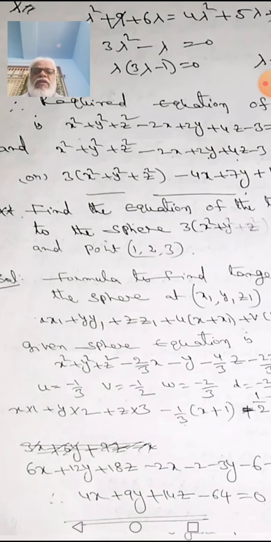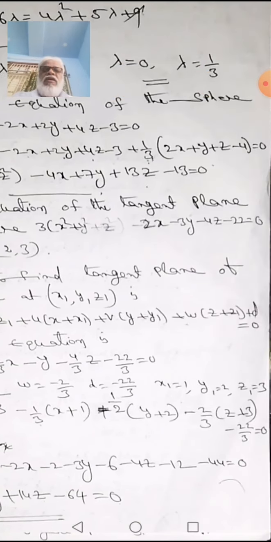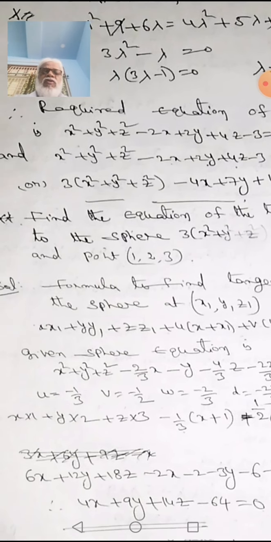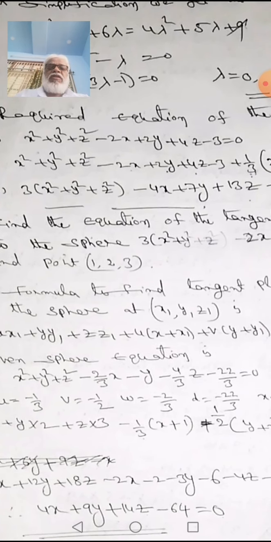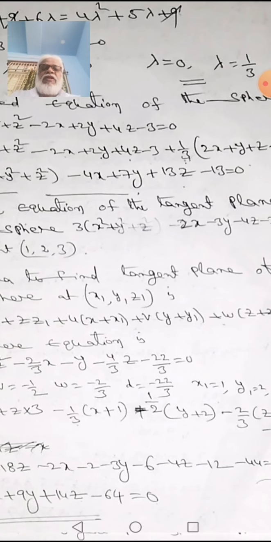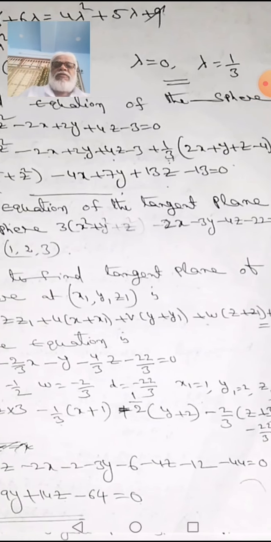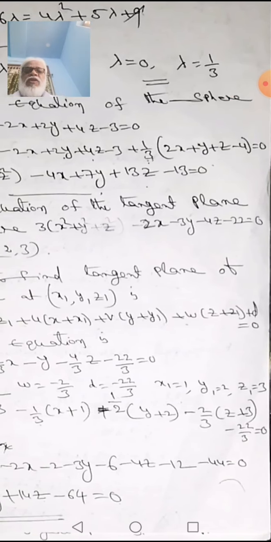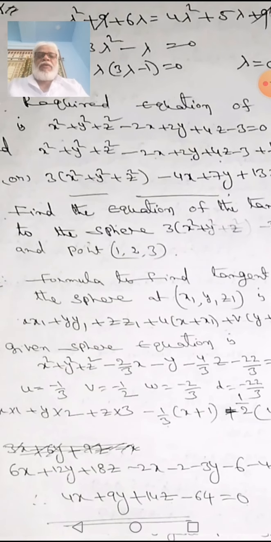So find the equation of the tangent plane to the sphere, that is 3 of x square plus y square plus z square, minus 2x minus 3y minus 4z minus 22 is equal to 0, and the point 1 2 3.